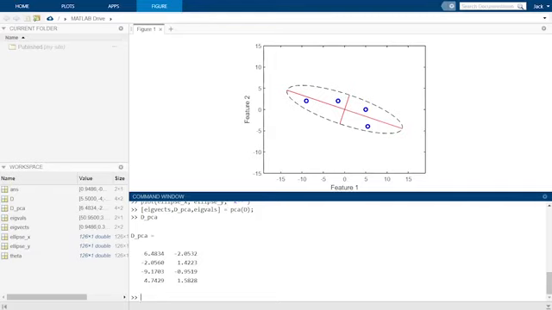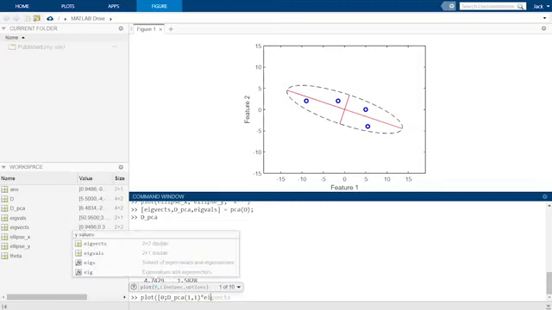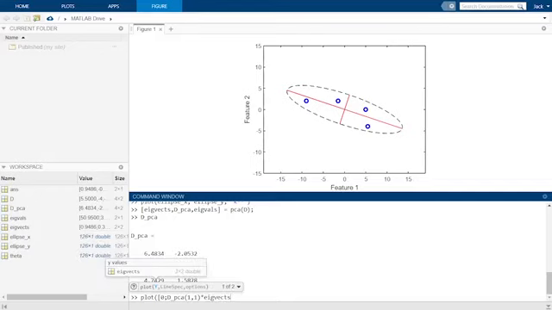First, let's draw a line from the origin, coordinate 0, 0, to the PCA coordinate along the first principal component. First, the x coordinates going from 0 to dPCA 1, 1 multiplied by the x component of eigenvector 1, then similarly the corresponding y component.